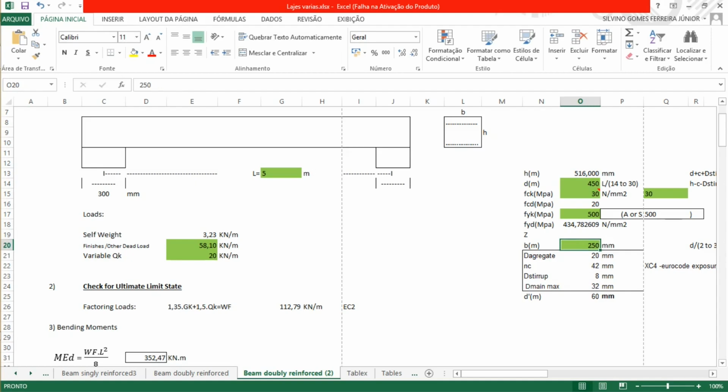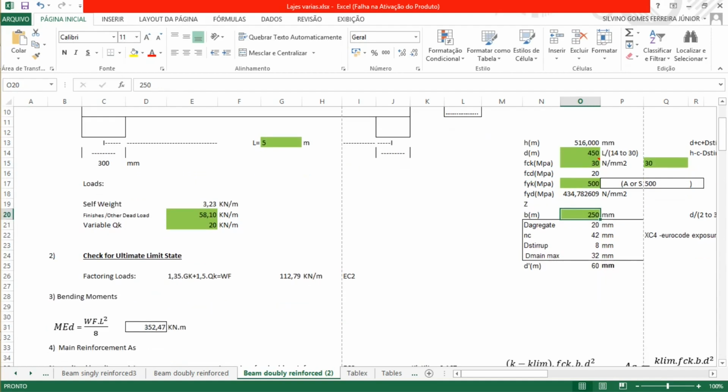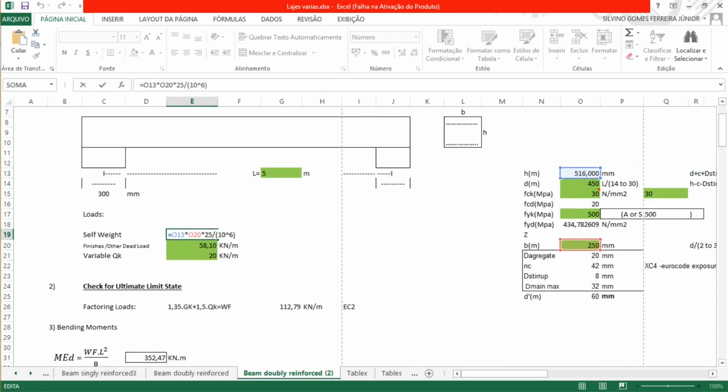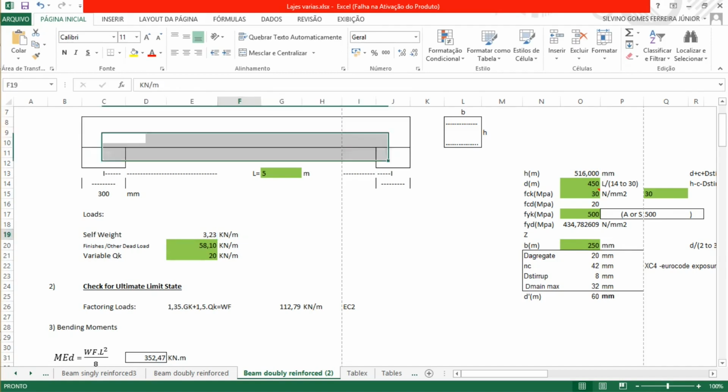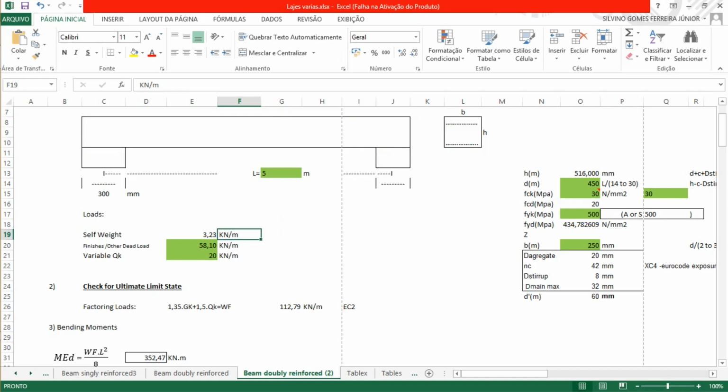So the self-weight is simply the total depth multiplied by B, 250, multiplied by the reinforced concrete density, 25, which gives us 3.23 kilonewtons per meter, since it's a beam, not a slab. When it's a slab, we consider per square meter, but since it's a beam, let's go for kilonewtons per meter.